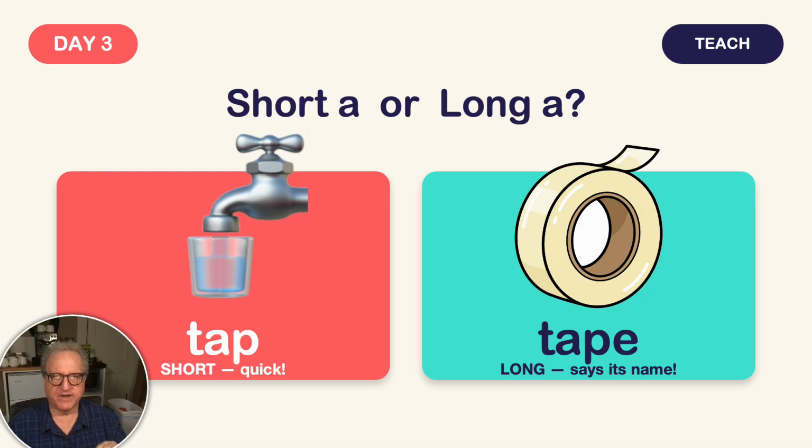Keep the T crisp, t. Just the t, not tuh. That would be tuh-ap. It's t-ap, tap.